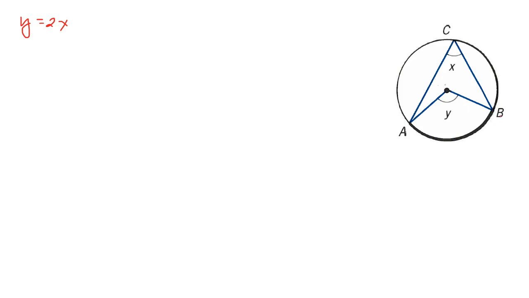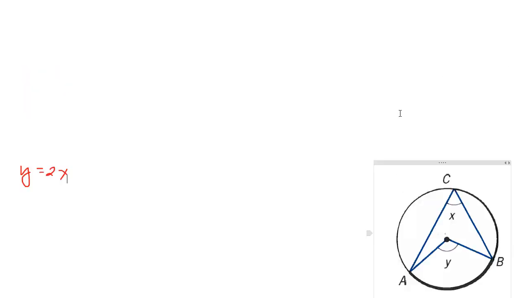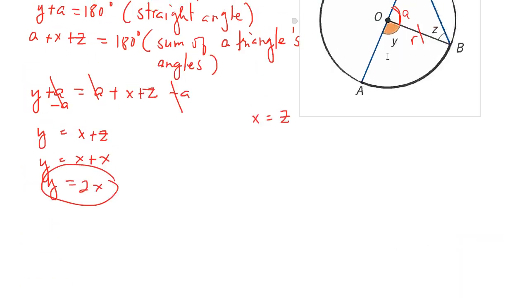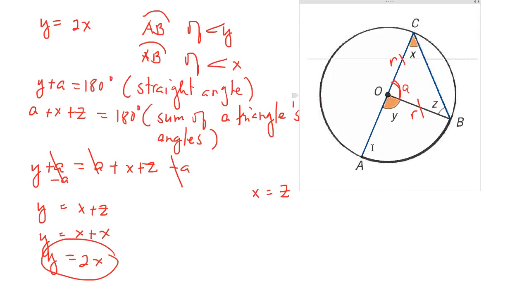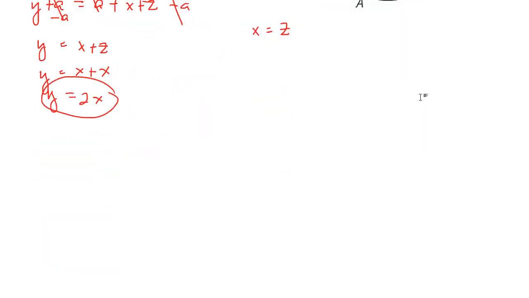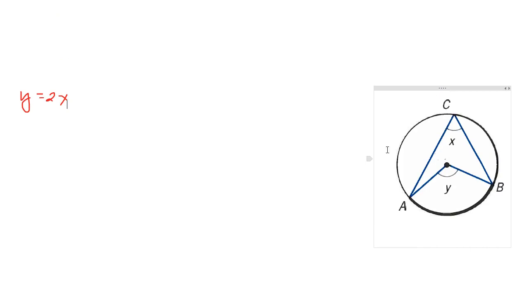Because they have the same arc. AB is their arc. But now it is a little bit different. It is not a diameter.